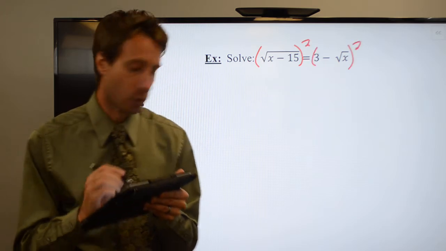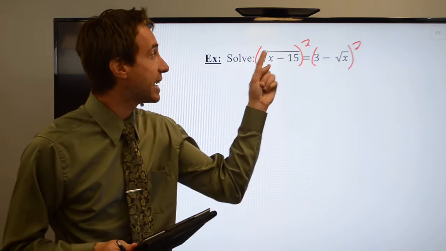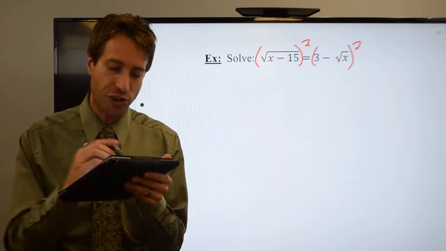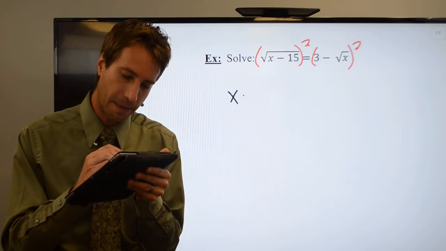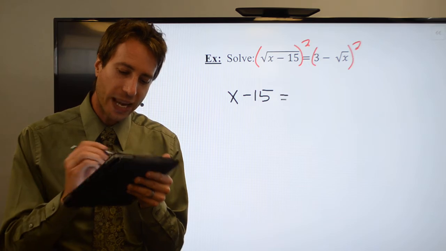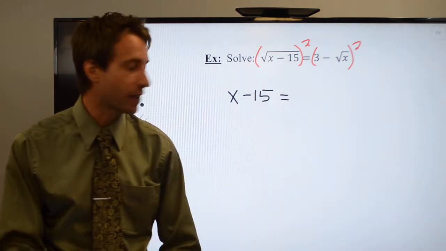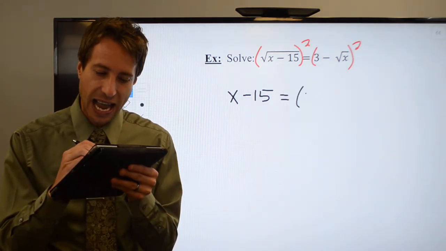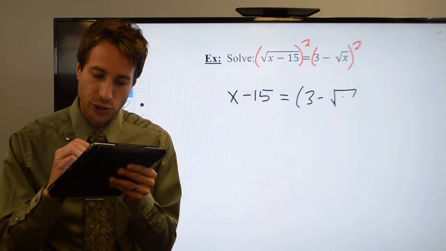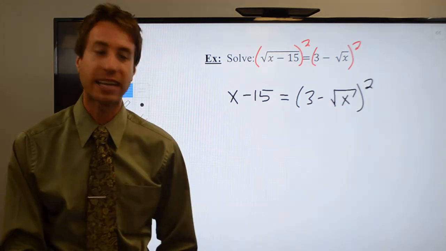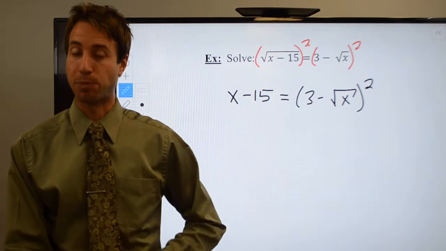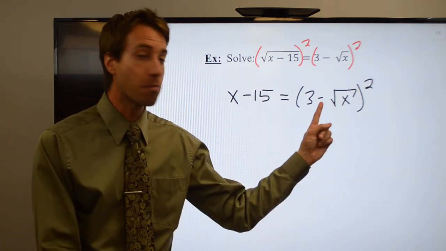We'll square both sides. Okay, well, because the index and the power are the same, they cancel each other out on the left-hand side. But I've created a little bit of work for myself over here on this side since I have a quantity squared. Please be very, very careful here. Properties of exponents only works if these are multiplied, right?